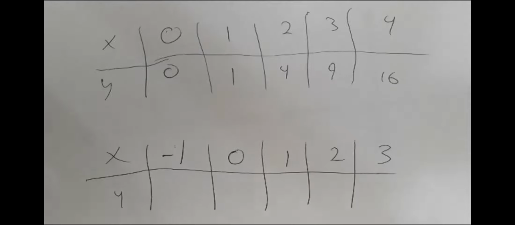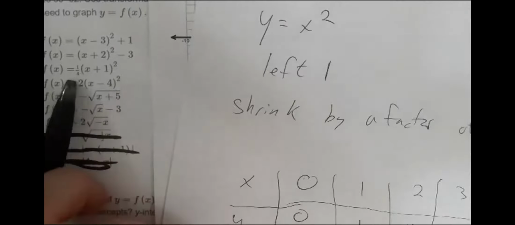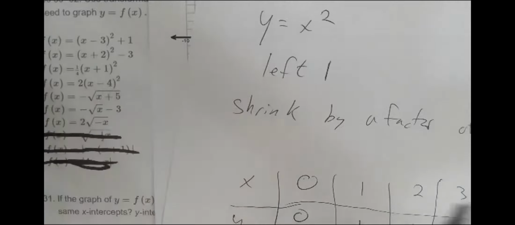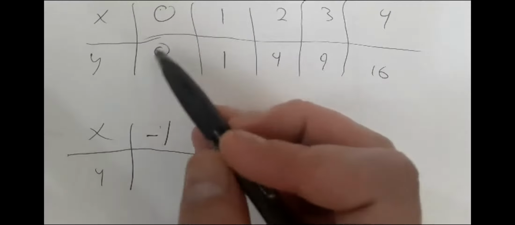But what am I multiplying by a quarter in this table? What values? Y values? It's got to be the y values. This thing is on the outside of my square. So if it's on the outside, it's happening to the y values. If it's happening to the y values, it's straightforward. We're just multiplying everything by a quarter like it says in the problem. It's not backwards like the x values.